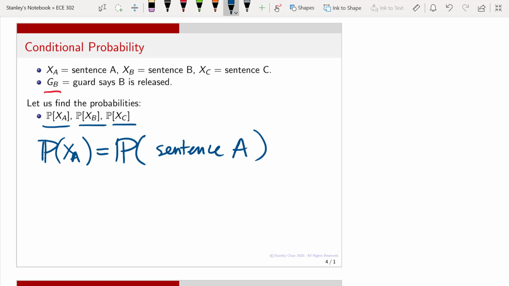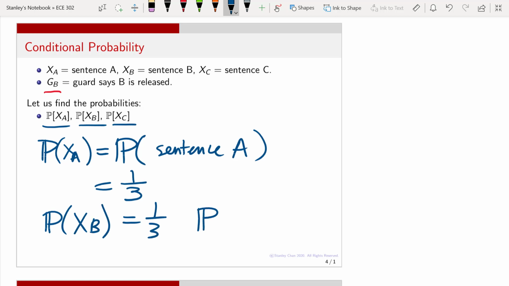No matter what the guard is going to tell you, this is the decision that comes from the king. And so what is this probability? This probability is not influenced by the guard at all, and we know that this is 1/3. And this number is also true for XB and XC.